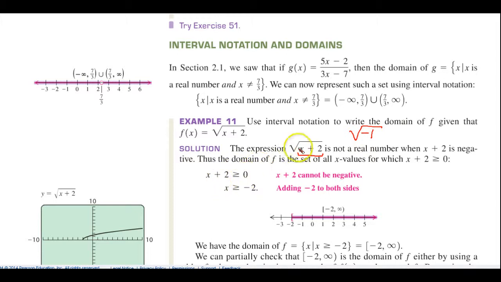So you define this by equating the radicand, what is under the radical sign, as always being greater or equal to 0. So now you have what it is. So you're saying that x is greater or equal to -2. So that is your interval notation of the domain.